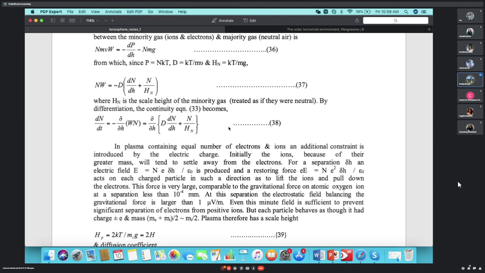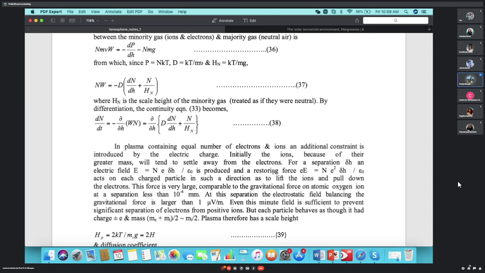That means there will be a charge separation between the ions and electrons because of gravity. If delta H is the charge separation, the electric field E is equal to N e delta H divided by epsilon naught.